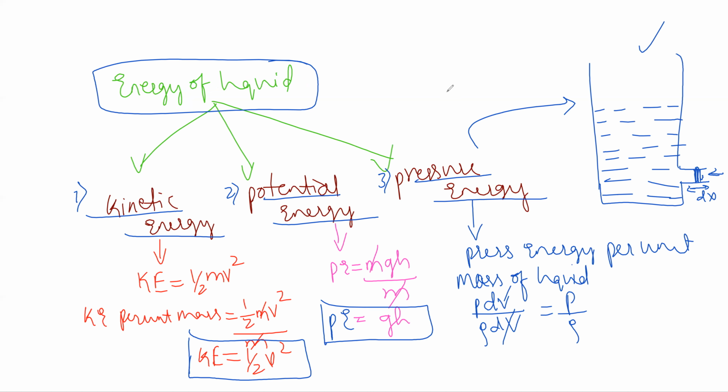Consider the vessel fitted with a piston at one end. Let this vessel be filled with water of density rho, A be the area of cross section of the piston, and P the pressure experienced by the liquid. Imagine that diagram. The force acting on the piston is given by P into A, where P is the pressure and A is the area of cross section.